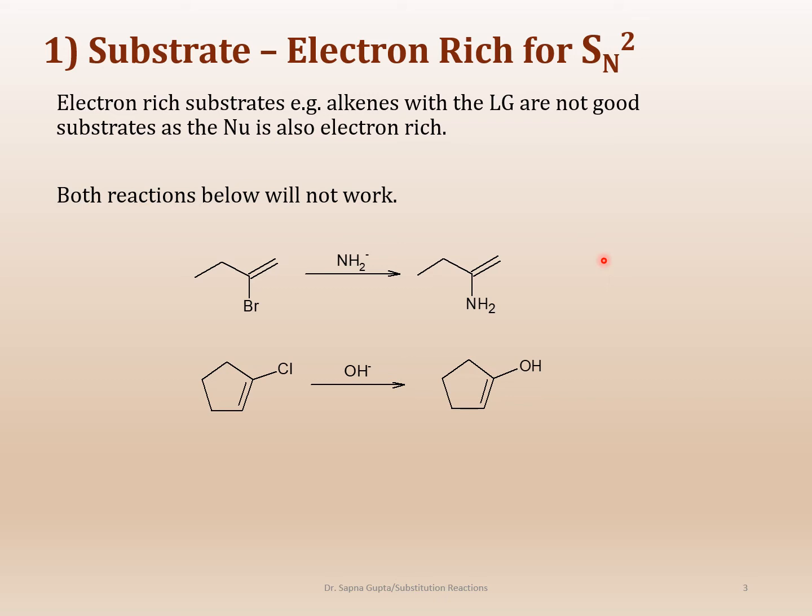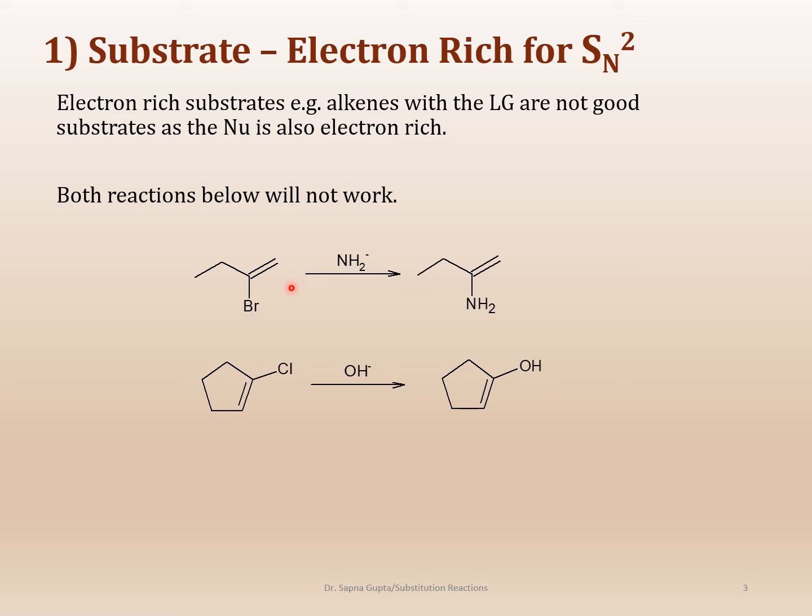Normally for an SN1 or SN2 reaction, you need an electrophile that is being attacked by the nucleophile. The nucleophile is negative, the electrophile is positive. So when a nucleophile attacks the electrophile, that is a good reaction to happen. So when does this reaction not happen? The reaction will not happen if you have the leaving group on an electron-rich substrate, something like a double bond.